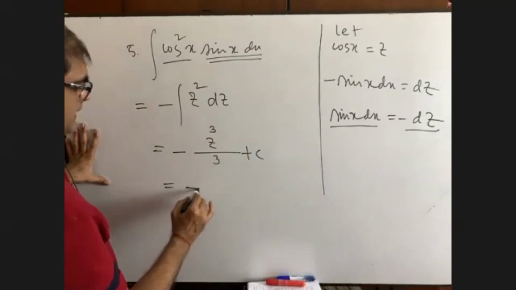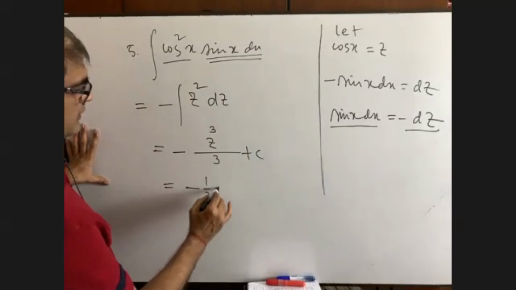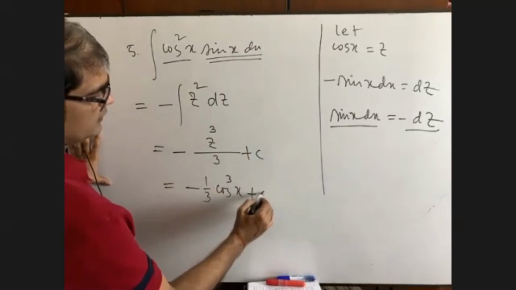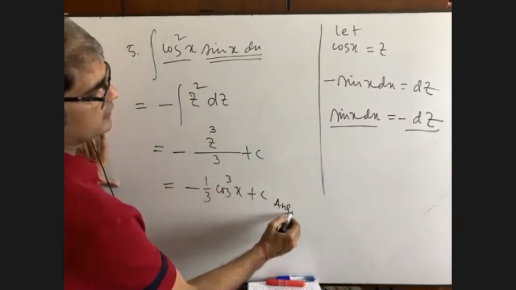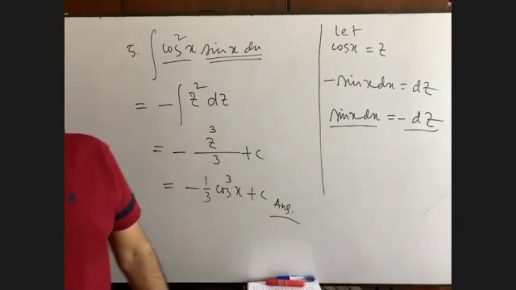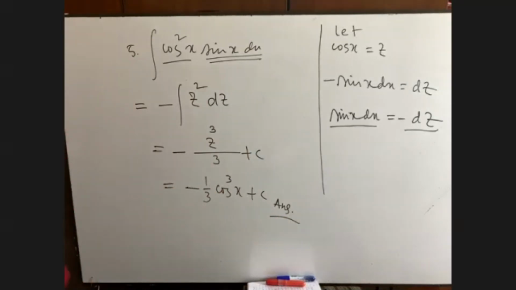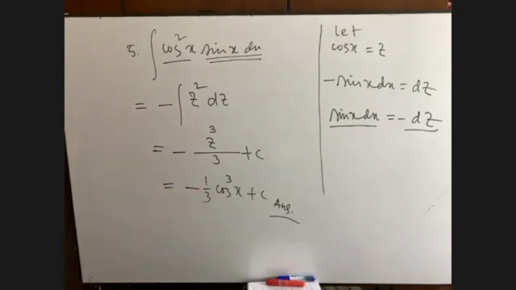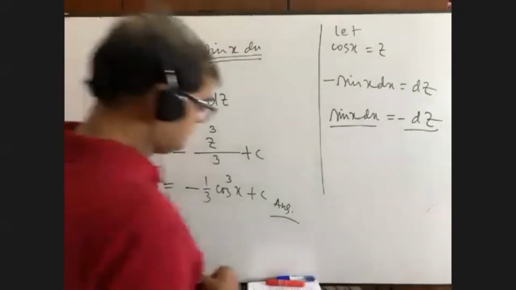So minus 1 by 3 cosine x, that is cosine cube x. Understood, sir. Very 1, 2, 3 lines math. This is the math of 3 lines.